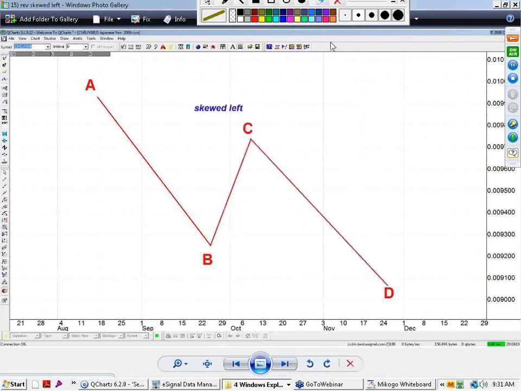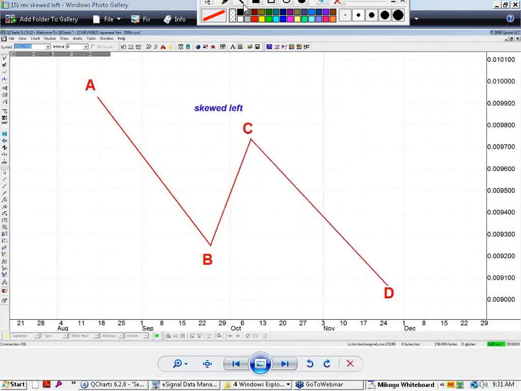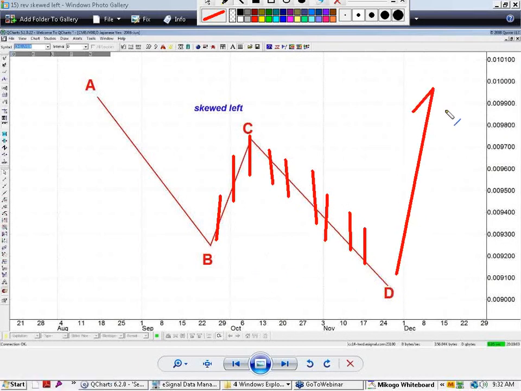But a left skew is such that this thing moves up pretty quickly here, and this thing going down below B simply doesn't want to, if you will. When it goes down below point B a little bit, it may want to go in this direction. This is the type of thing you want to see if you're looking at a low for you to buy. If you want to pick a low, you want left skewing.